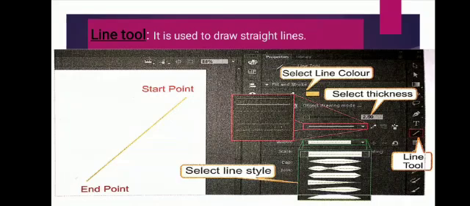So for this, click on the line tool and from property inspector select the stroke color, line thickness, line style and breadth of the line. Now move the pointer to the stage, click and drag the direction where you want to draw a line and release the mouse. You will get a line on the stage.